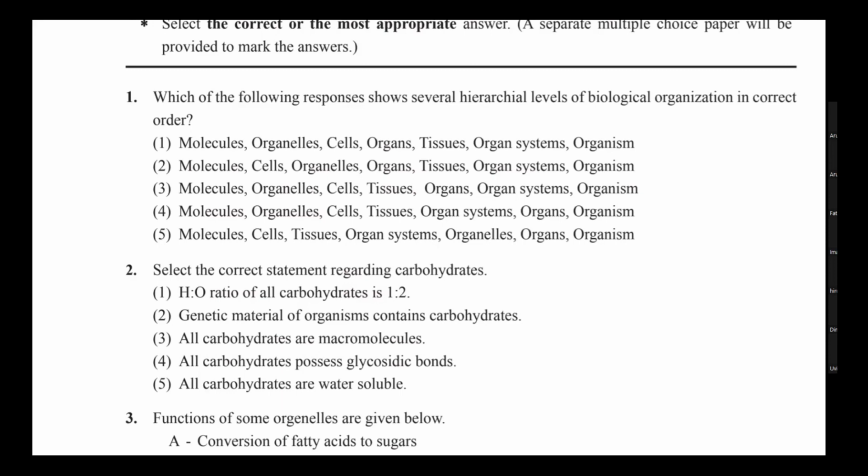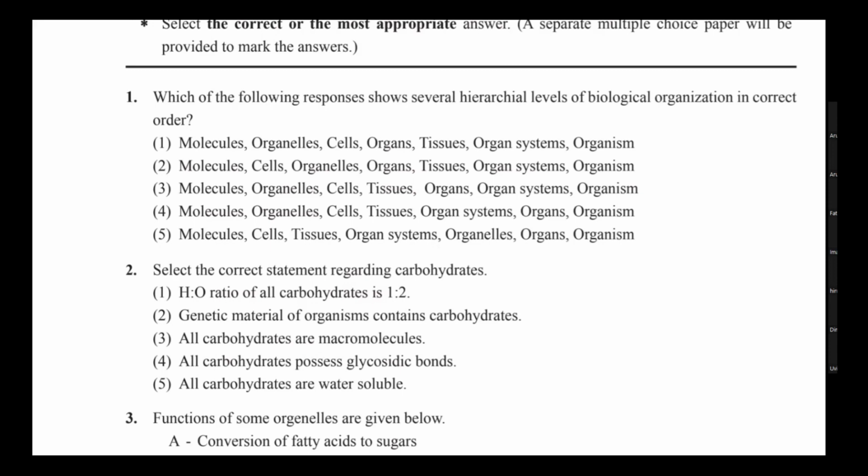Disaccharide means 2 monosaccharides. Oligosaccharide means 3 to 10 monosaccharides. If there are 3 to 10 monosaccharides, they are considered as oligosaccharides. If there are more than 10 monosaccharides, monomers, they are considered as polysaccharides.